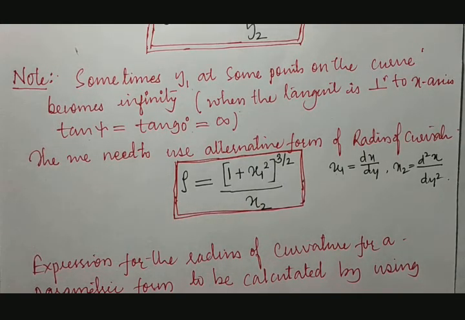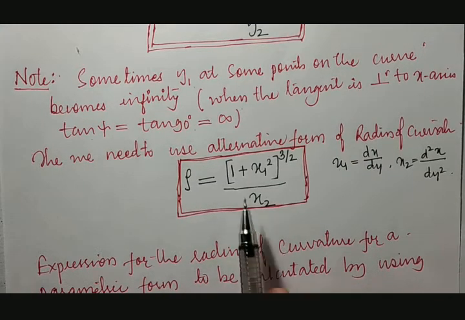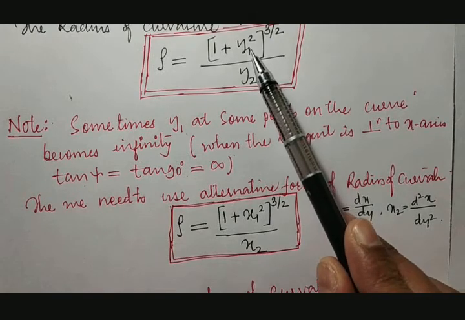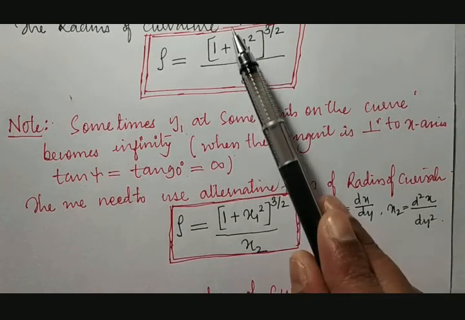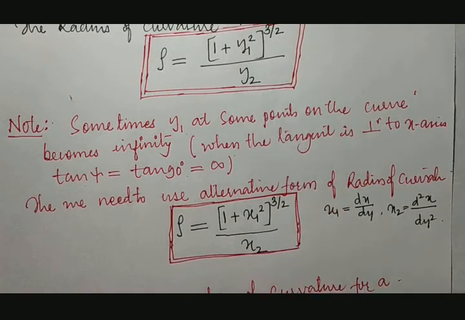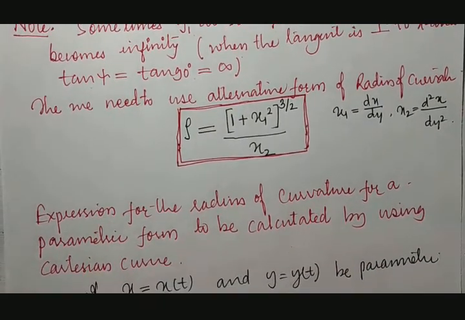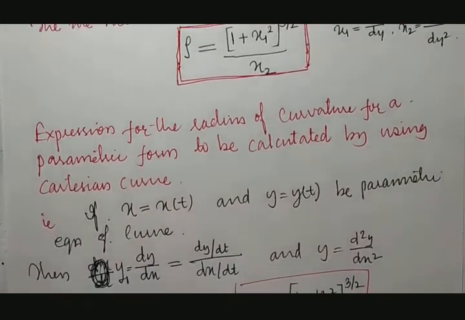When we fail to obtain the radius of curvature by using y1, y2, then we need to go for x1, x2. Means only in these two cases, what is the change? Instead of y1, x1. First priority is y1 only, because dy by dx. But if it fails, then we proceed with the next.